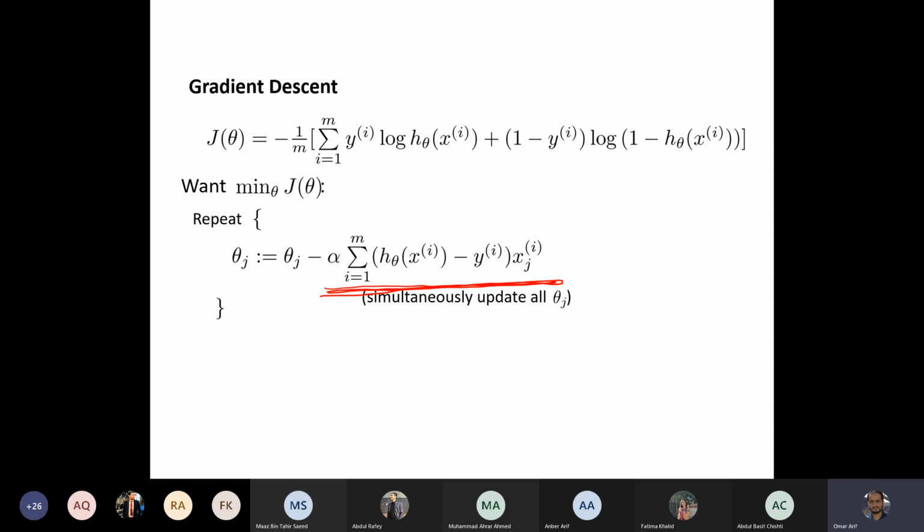So here also we have exactly the same equation. The only difference now is that the hypothesis is sigmoid of theta transpose x. But other than that, the equation remains the same, and the algorithm looks identical to linear regression.